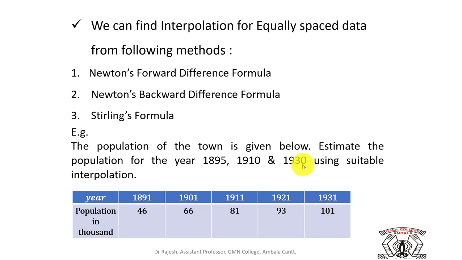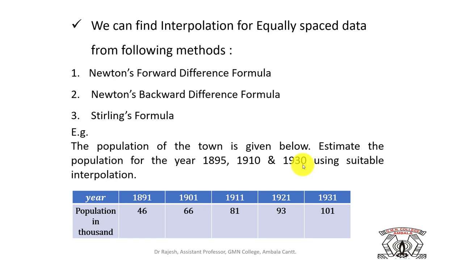First was linear interpolation, second was quadratic interpolation, third was cubic interpolation. Next we studied the different kinds of interpolation based upon the spacing of the arguments. First was equally spaced data, and second was unequally spaced data.